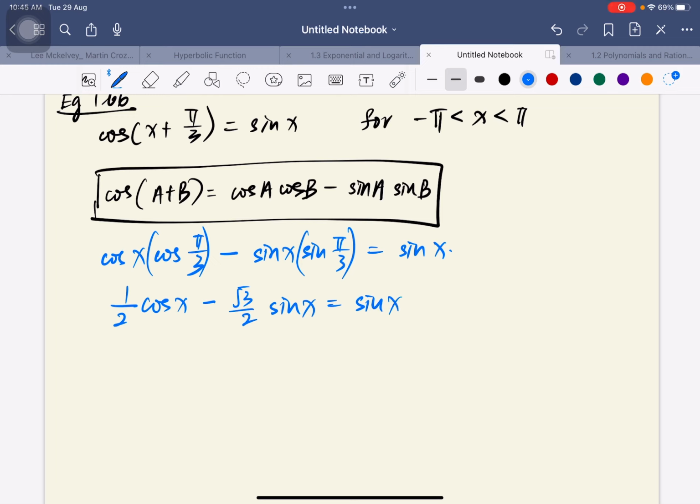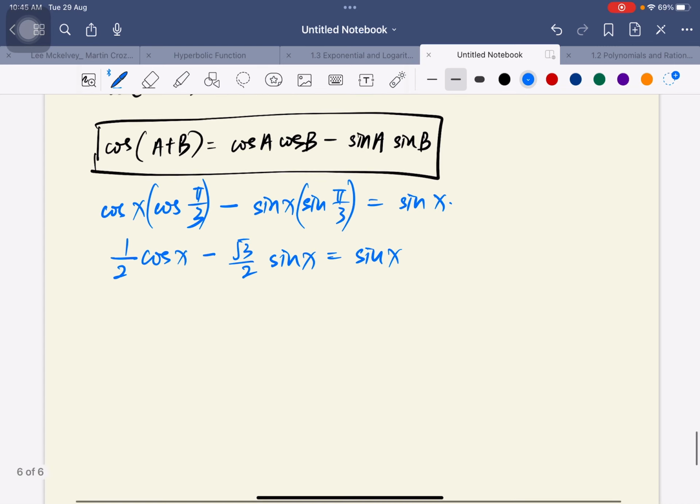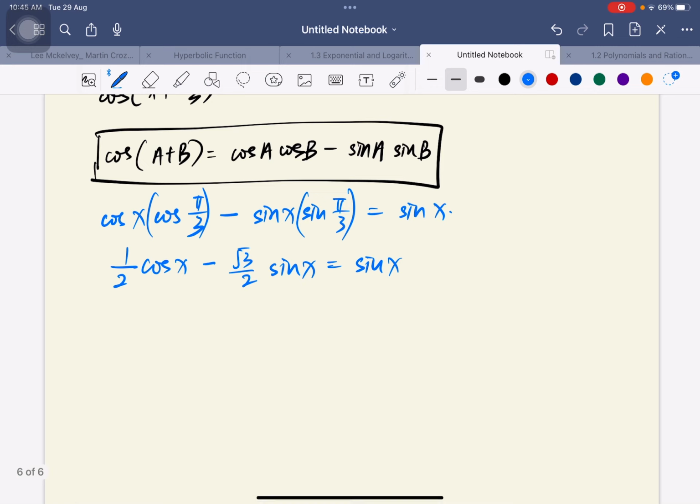So you can see that we are not yet in the trigo, angle, constant manner, but we can further simplify. You see there's sine here and also sine here, so we can combine them because they are almost like like terms. Like x and x, just that this is √3/2 x and this is 1x.